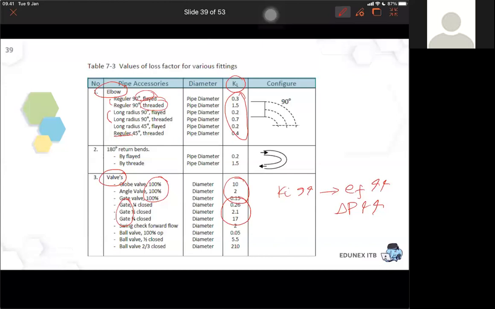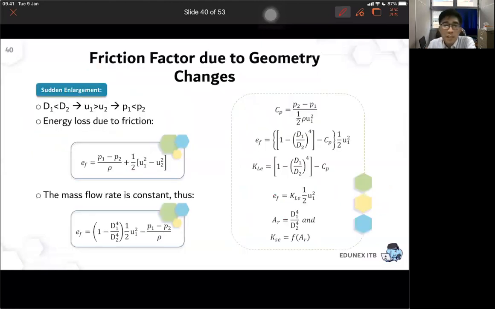Okay. Then this one is just basically to see why the fitting can cause the EF. So this is the analysis of the Bernoulli equation by assuming the same height. The equation comes from this one.